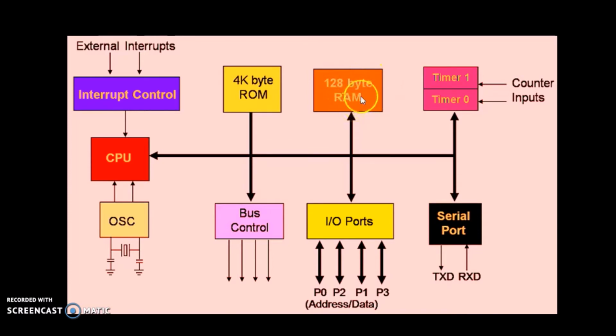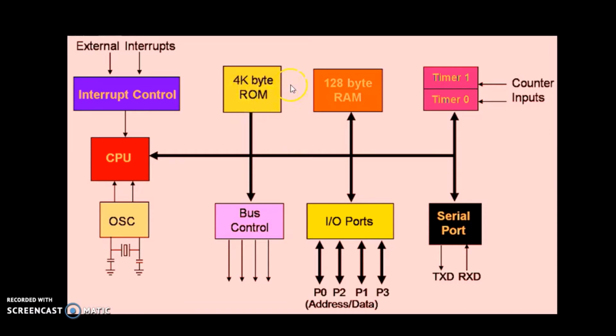This internal RAM is further organized and structured, which will be seen in some time. So, the 8051 family comes with 4 kilobyte, 8 kilobyte, 16 kilobyte and 32 kilobyte of ROM, EEPROM or OTPROM. In 8051, what we have is 4 kilobyte of ROM.